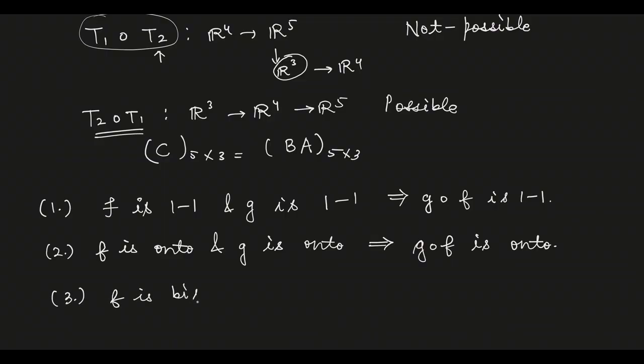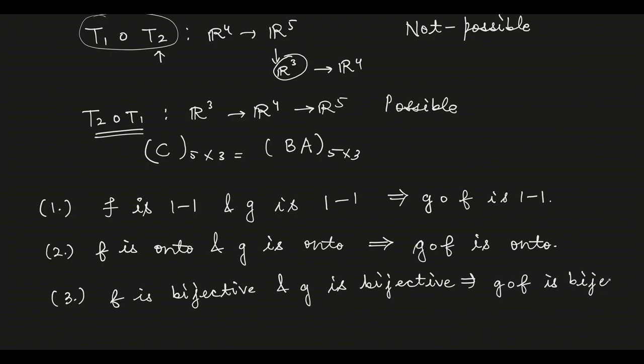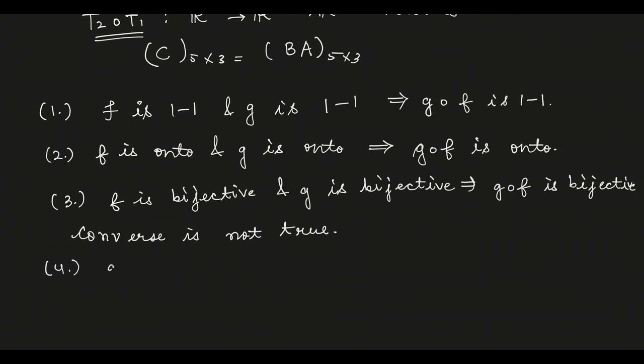If F is bijective, meaning both 1 1 and onto, and G is bijective, this implies G composition F is bijective. But the converse is not true. If G composition F is bijective, then we will always say that F is 1 1 and G is onto.